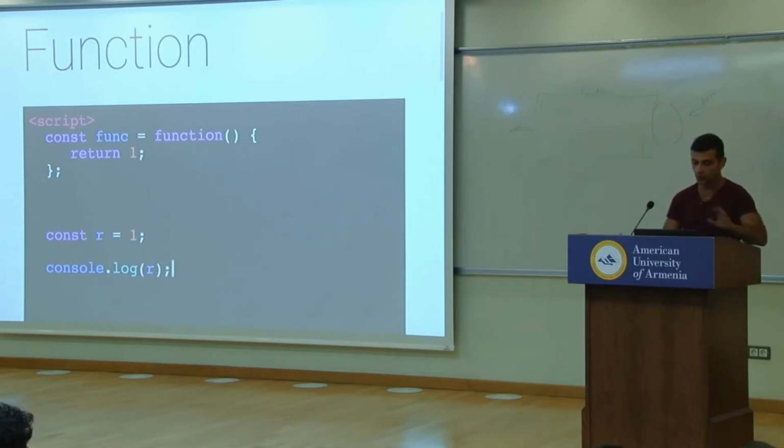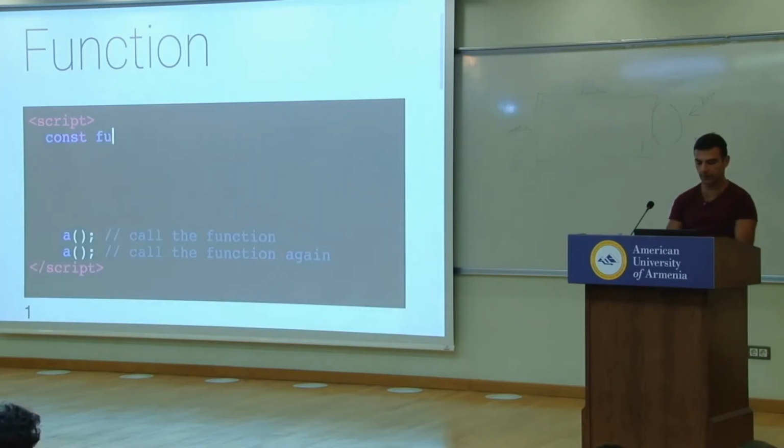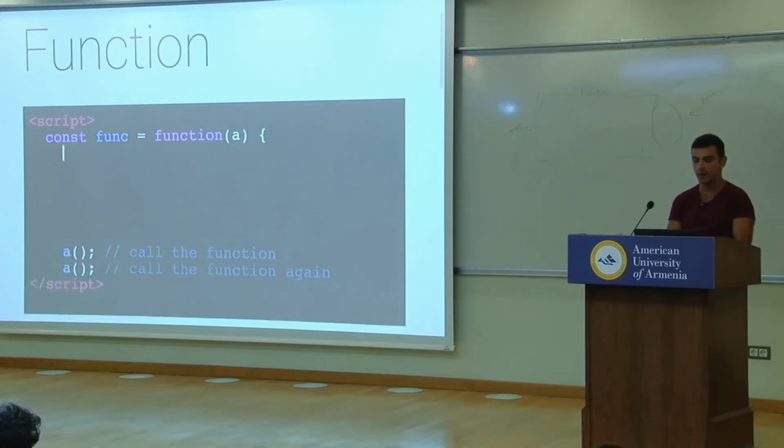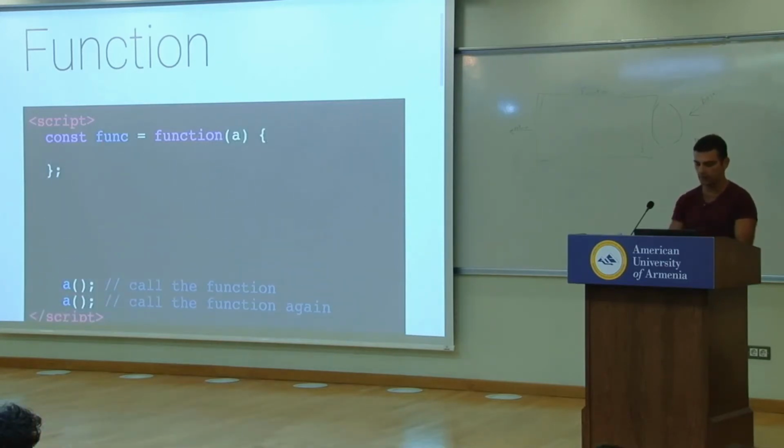Okay, so now that you understand this, let's add some arguments to func. Const func, yes, I did just rewrite that for no reason. Let's say it takes an argument like a, not a very good name, but just as an example. And then we call func with, say, a 3. And all it's going to do is return a.